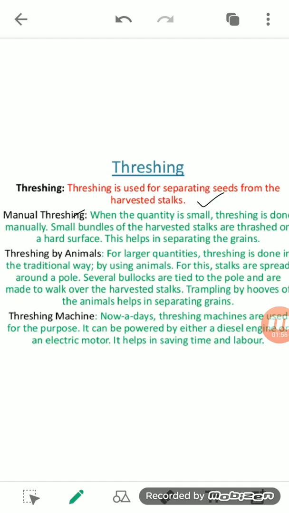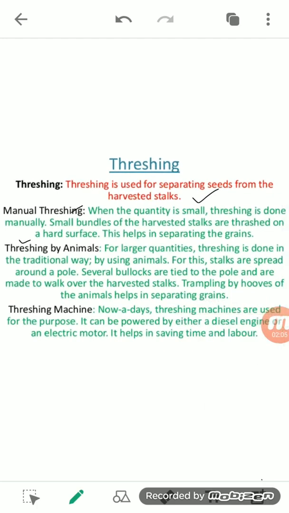Sometimes threshing is also done with the help of animals. How? If a large quantity of stalk is there, the threshing is done in the traditional way, using animals. For this method, the stalks are spread around a pole, and several bullocks are tied to the pole and made to walk over the harvested stalk.